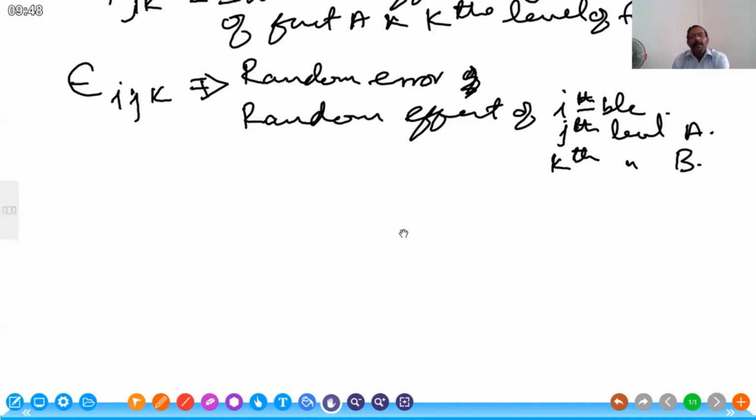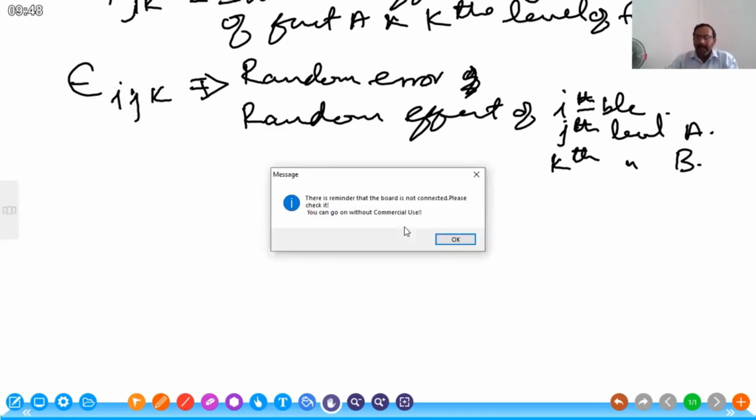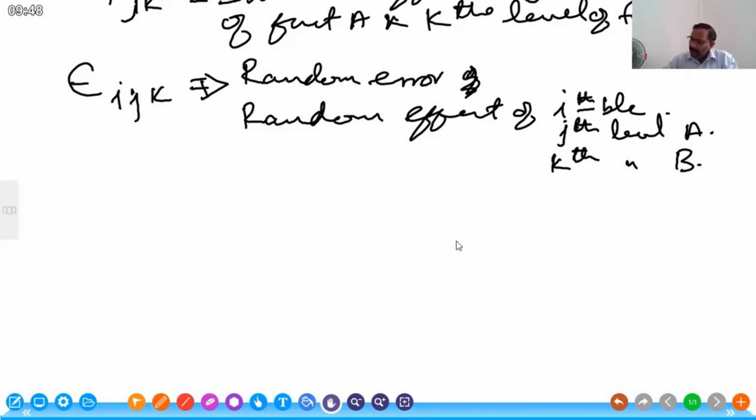So you can write any notation. This is just to indicate the notation. You can use any notations, right? I have used w_ij to indicate that is an error term, right?